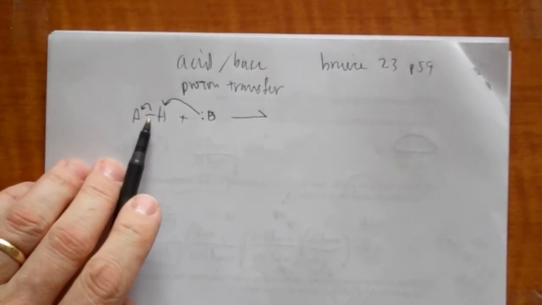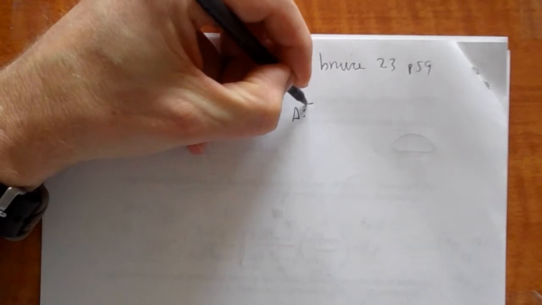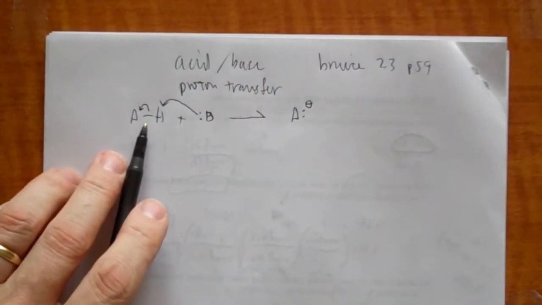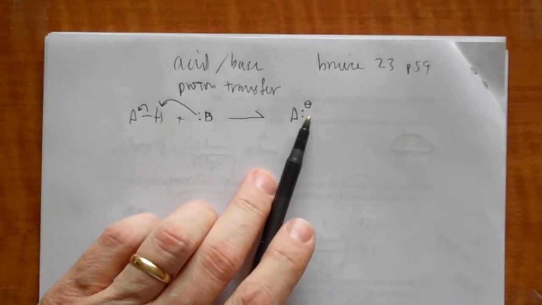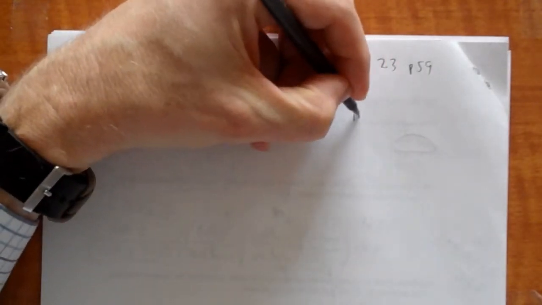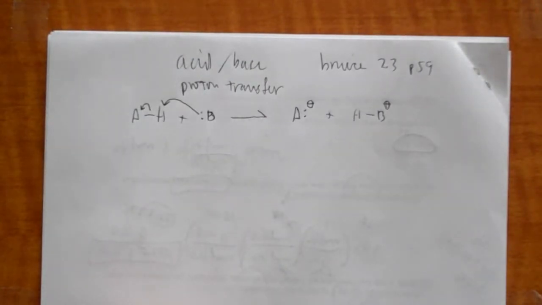Those electrons were a covalent bond. Now they're a lone pair, and there's going to be a minus on there, because it was neutral before. When a bond goes to a lone pair, the charge goes down by 1. And when a lone pair goes to a bond, the charge goes up by 1.